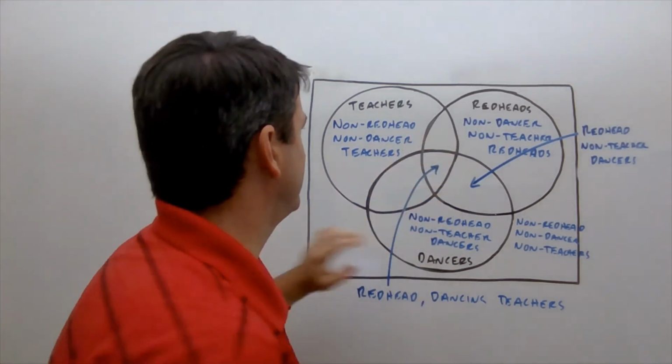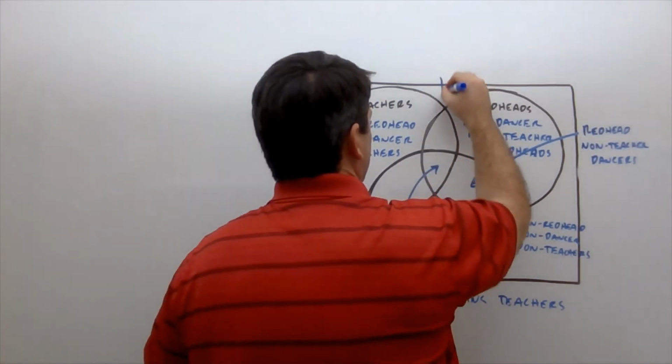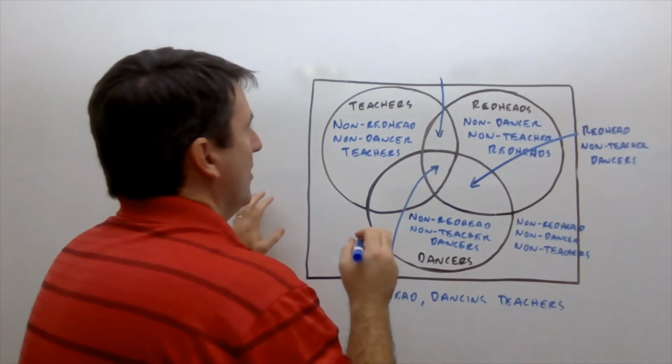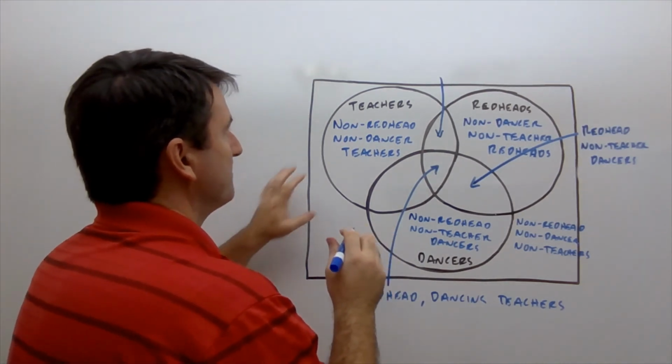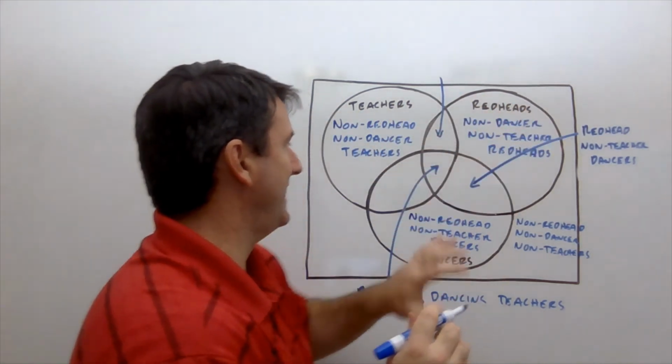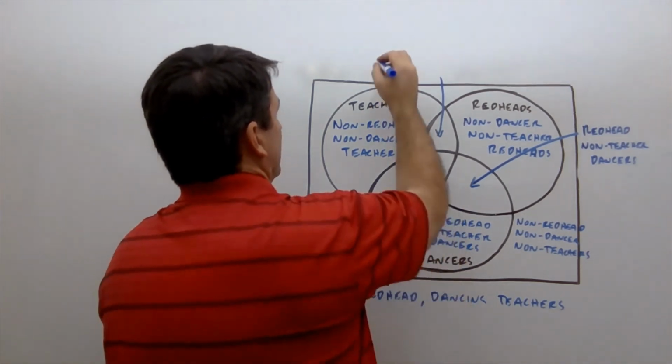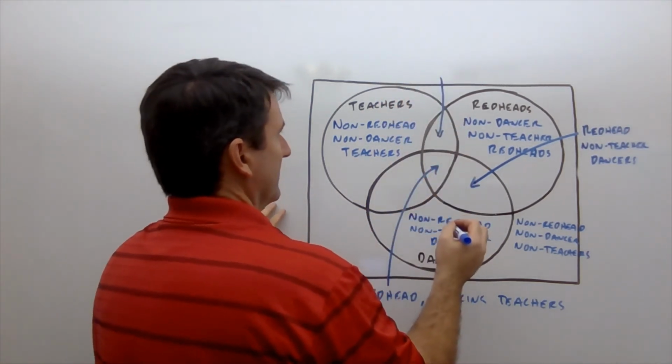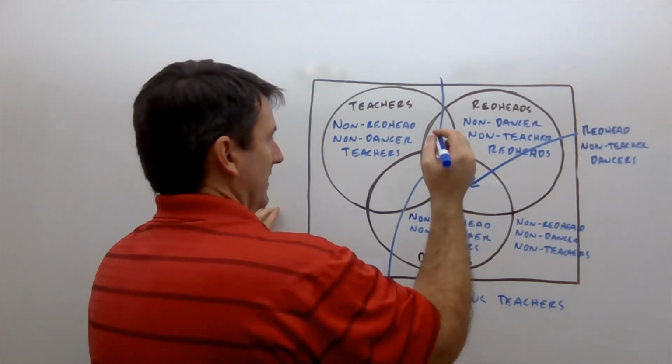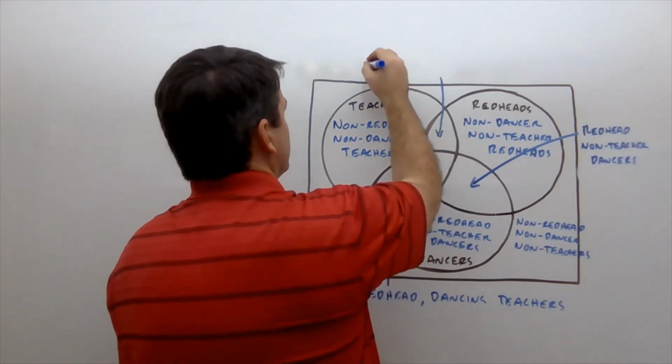All right, let's do this region here. This region would be teachers who are redheads, but not dancers. So what are we going to call those people? Redhead, non-dancer teachers.